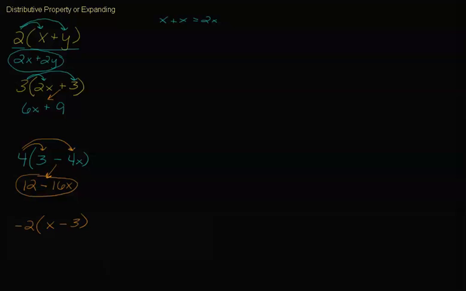All right, so we're going to take -2 times x. That's -2x. And we're going to bring down this minus sign. And we're going to take -2 times 3. That's a -6.